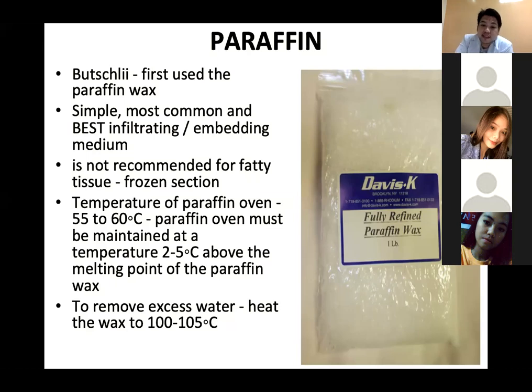To remove excess water, we heat the wax to 100 to 105 degrees Celsius, because sometimes the paraffin wax is exposed to some kind of fluids. To remove that, we first melt the paraffin at 100 to 105 degrees Celsius just to remove the excess water.